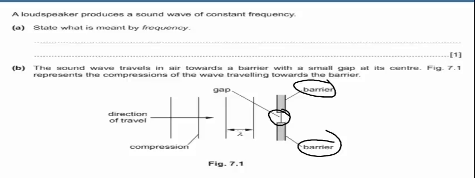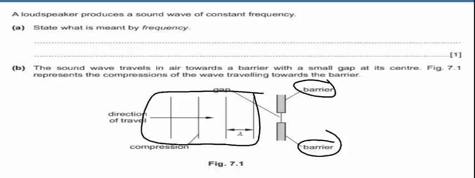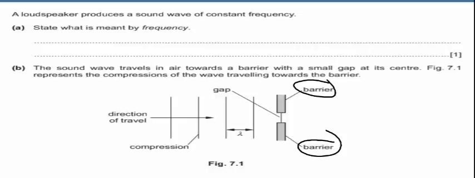So whenever the wave passes through the gap, as you can see the way the wave is moving like this, once it passes through this gap, you're going to find that it is going to undergo diffraction. When you talk of diffraction, it means it is going to change the pattern, the way the wave is moving.